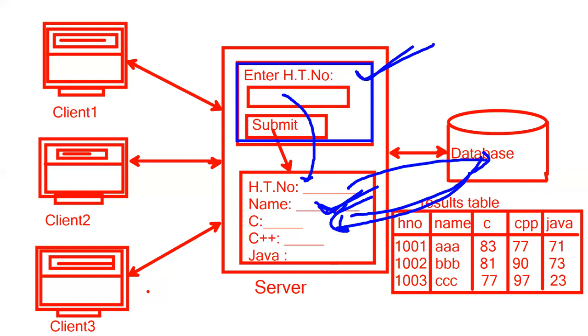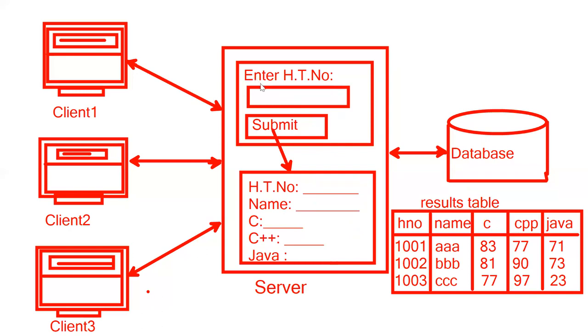Later, you'll get the result, no? After getting the result, you also have to design. Then how to use it? Again, HTML and CSS, you can combine. So in this page also, HTML is required, and in this page also, HTML is required. You'll get the data, but you have to display it: hall ticket number, name, C marks, C++ marks, Java marks.